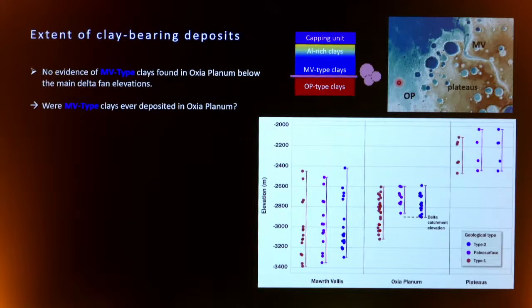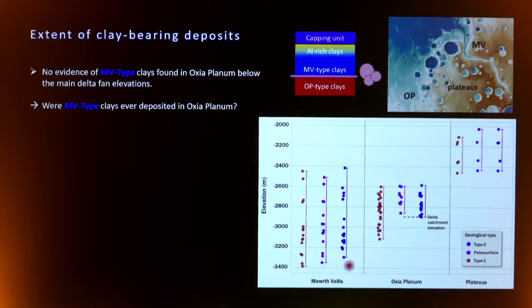So it would have to retreat at least to where we don't see it, which is the delta catchment elevation here. And after that, if there's an MV-type deposition, it happens at this elevation in Oxia, but we also find these deposits at lower elevation on top of the Mawrth Vallis plateaus, here.